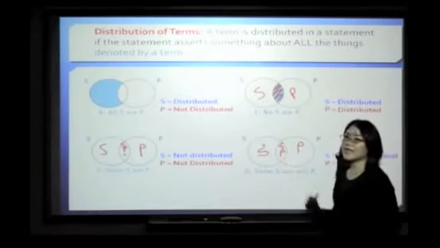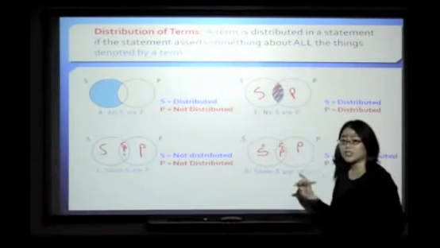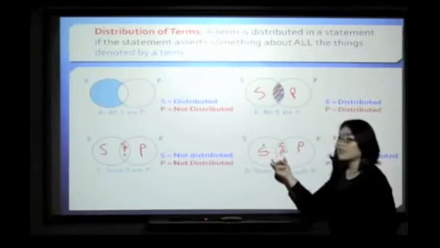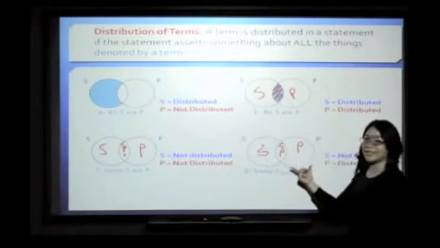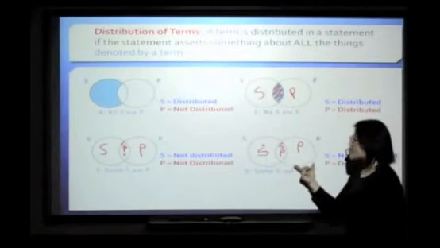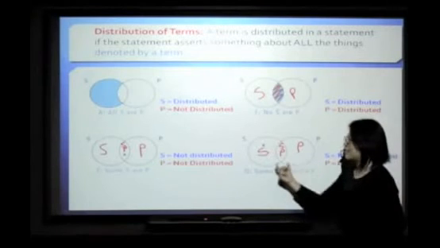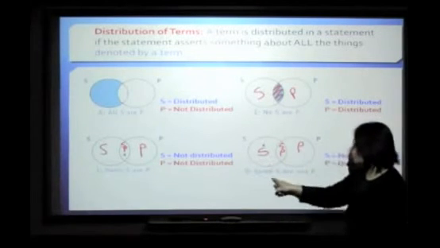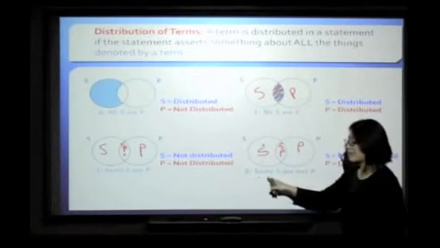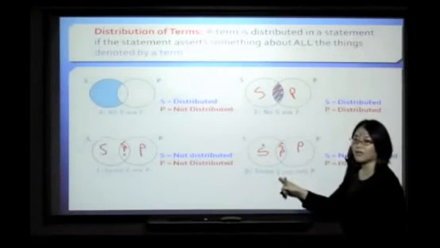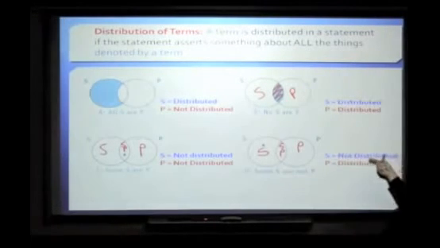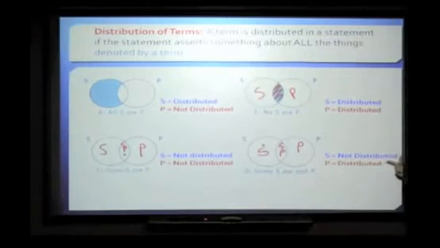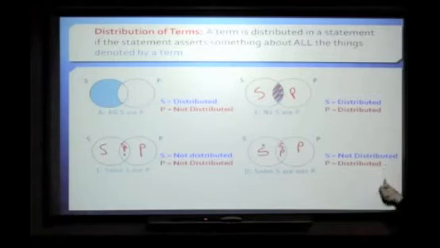Now, this statement actually does assert something about all the things that are P, okay? But it doesn't assert something about all the things that are S's. Notice it only asserts something about just some of the things that are S's, not all the things. So the S term, the subject term, is not distributed, but the predicate term is distributed.